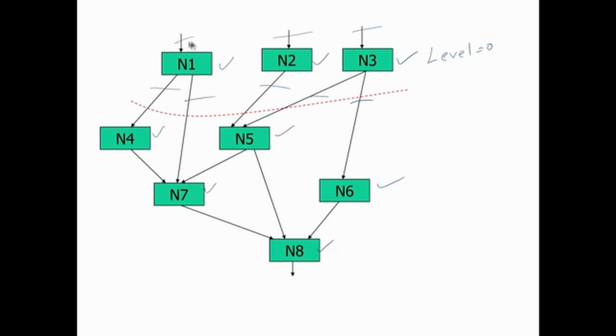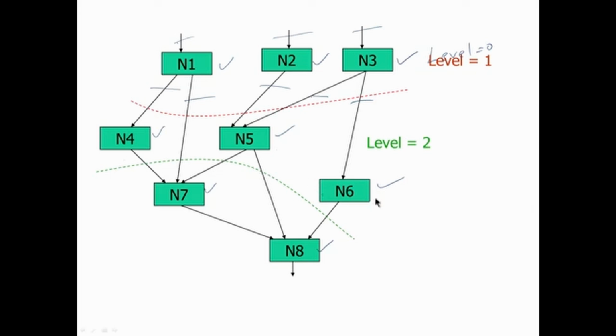So first I remove all the primary inputs, these 3 nodes N1, N2, N3 became level 0. Sorry, we call it level 1 here. And then we remove N1, N2, N3, so N4, N5, N6 come up, and that is level 2.